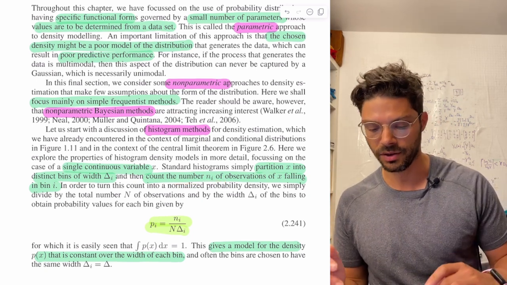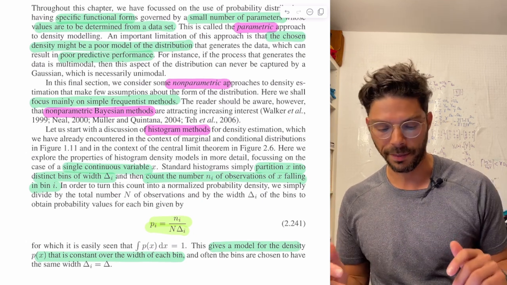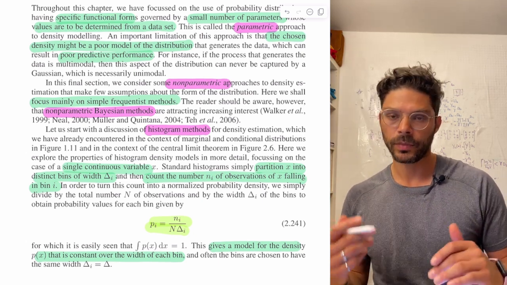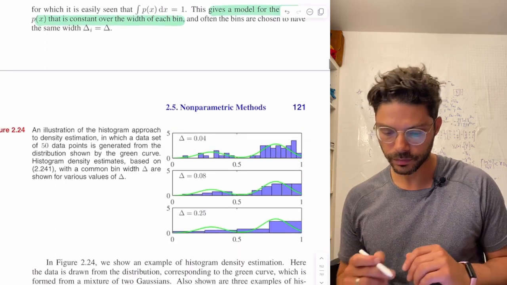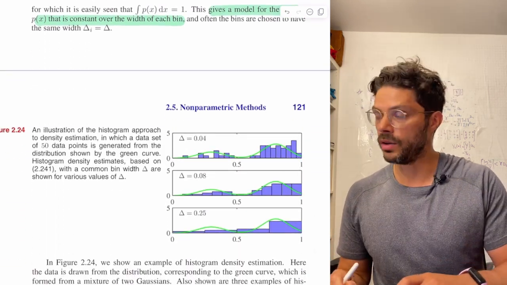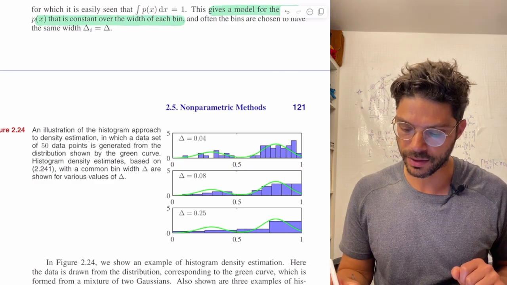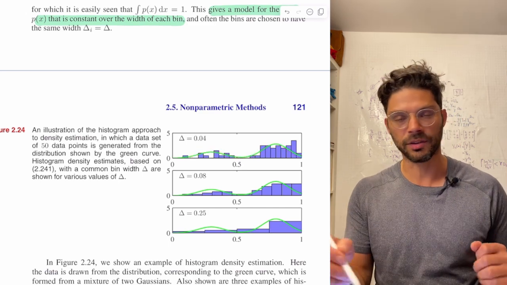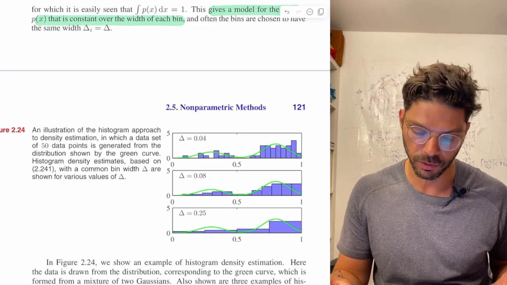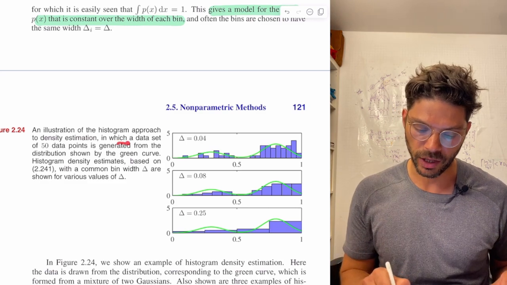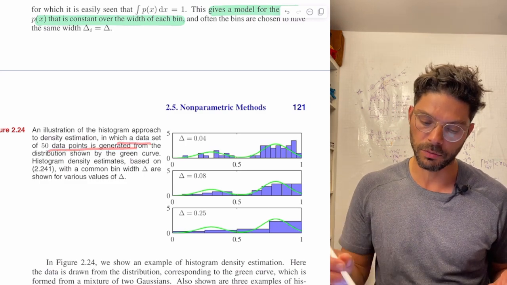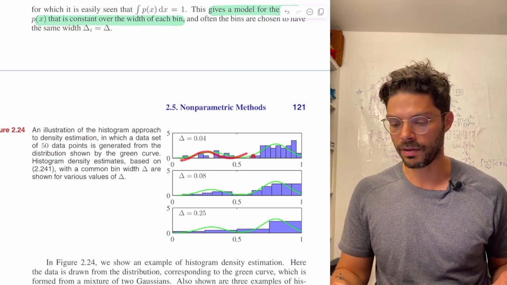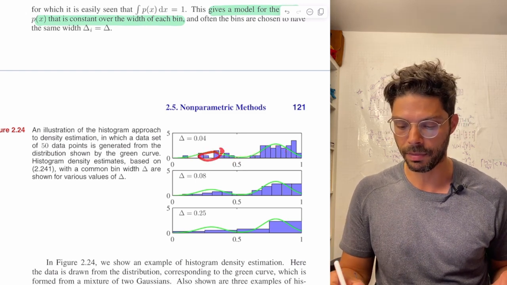It's easier to just look at what this can look like. I'm sure you've seen this a million times. Here he's got an example where the data is being generated from these distributions. I think the actual data points aren't shown, but they were sampled from this distribution: a data set of 50 data points generated from the distribution shown by the green curve. So you have a bump of data around here and another bump around there.